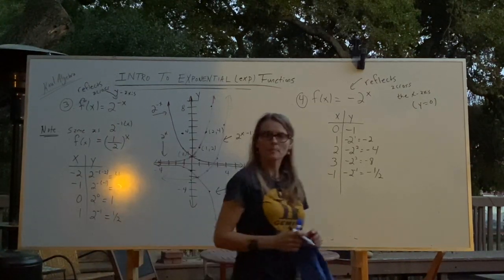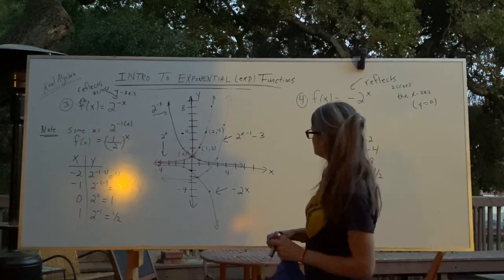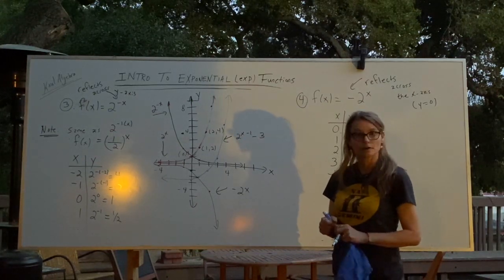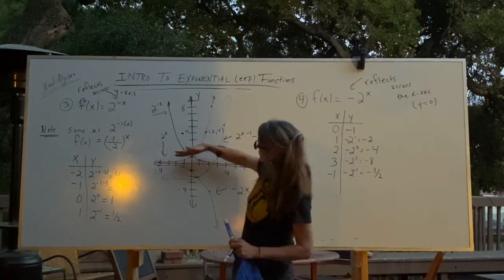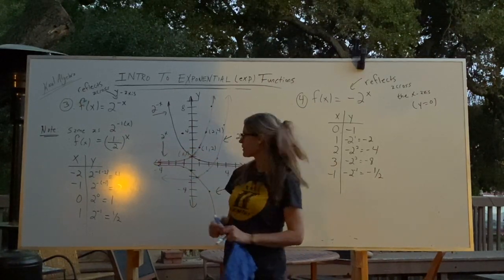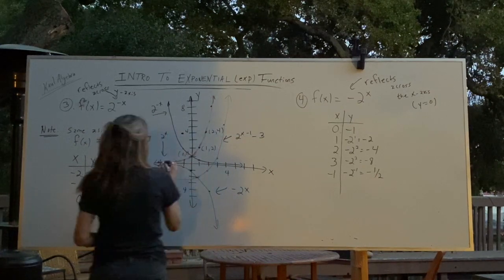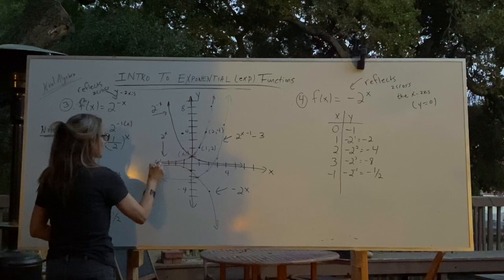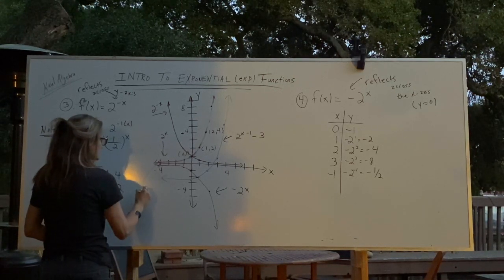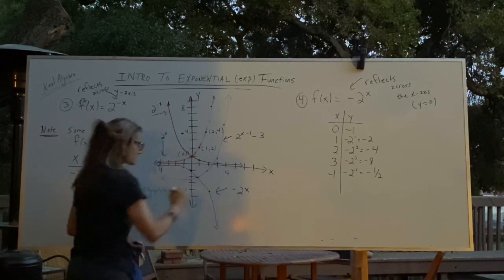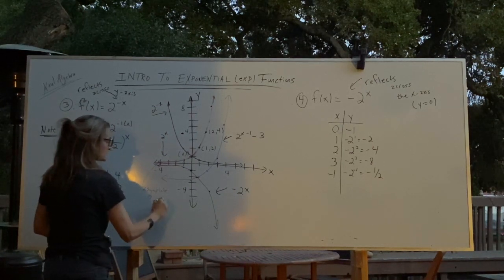Now, an important property of exponential functions is something we're seeing in all these graphs, something called an asymptote. And it's when the graph gets closer and closer to a value, but never reaches that value, never crosses. If you notice the 2 to the x graph, it gets closer to the x-axis, but never crosses. So what we have here is an asymptote, and this asymptote is the x-axis, or y equals 0.